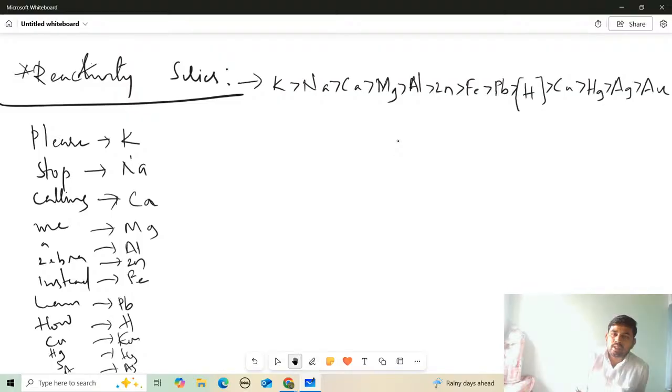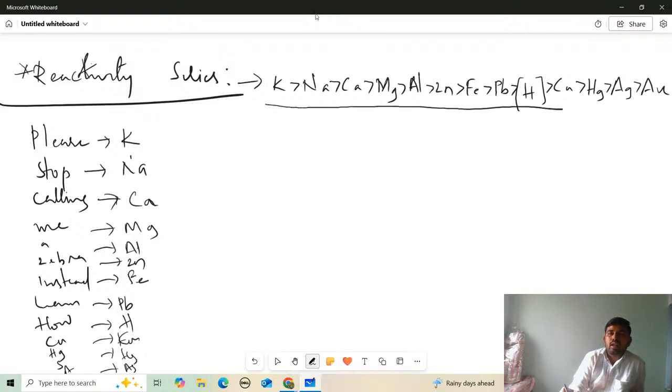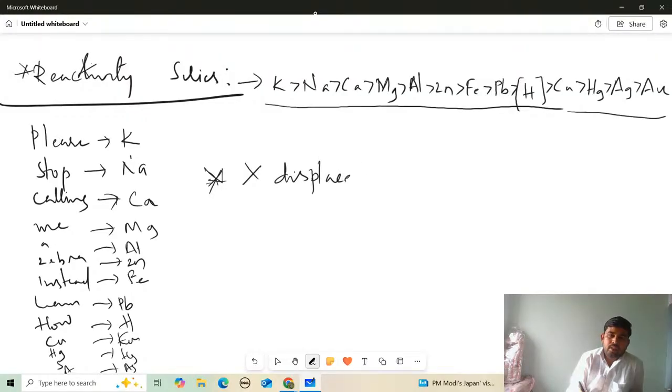Why is this important, sir? If we know this series, then only can we understand whether a reaction is possible or not. Suppose X displaces Y. It means you should remember that X is more reactive than Y. This is important.